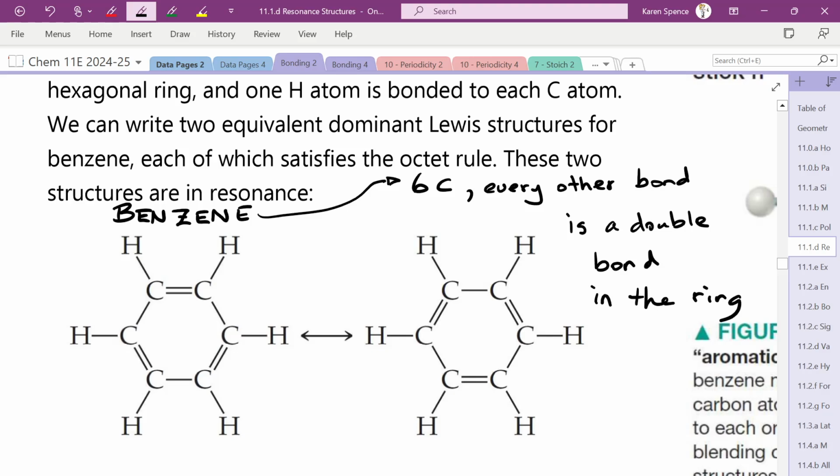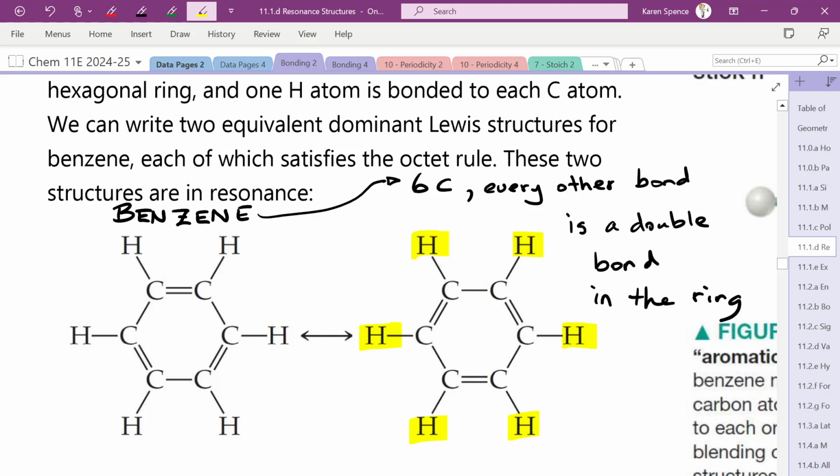Now, benzene is a hugely important organic compound. What's around the outside of the benzene? Hydrogens, all hydrogens.